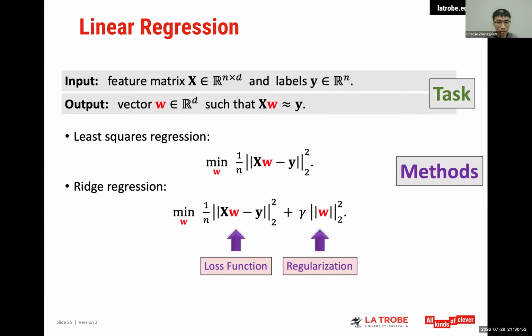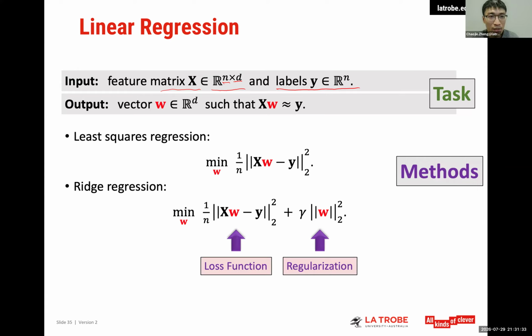So let's look at this. We still take the linear regression as the example, so we are familiar with that. The input should be a feature matrix with shape n by d. That means each data sample comes in d dimension, and we have n such data samples, and we provide labels y, which are real numbers, and we have n labels corresponding to the n data samples.